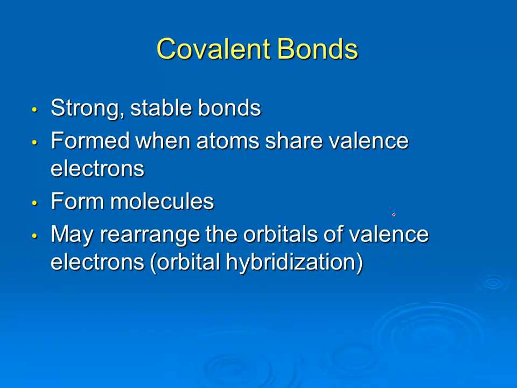These bonds are formed through sharing those outer electrons, sharing valence electrons. It forms what are called molecules. All right. Good example, H2O. That is a molecule of water. You've got 2 hydrogens, 1 oxygen. They're sharing electrons on the outer energy level to form covalent bonds.